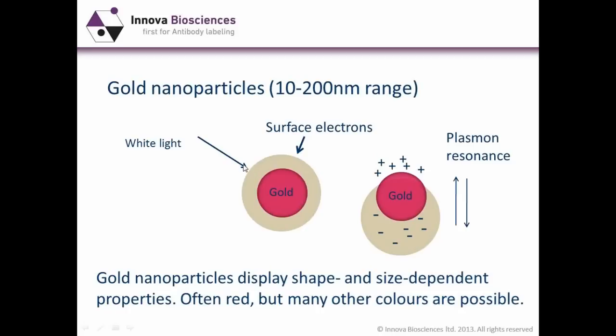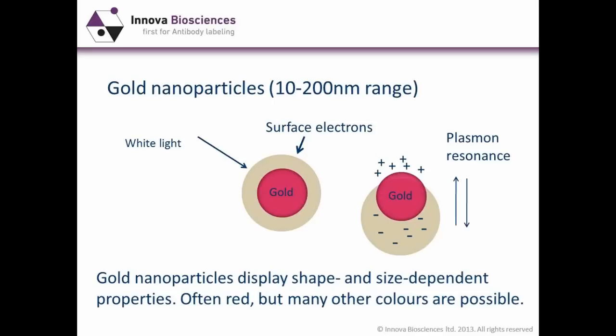Now when the light hits the electron cloud, the cloud begins to oscillate, so there's some polarization. As the negative charge dips down, there's a positive charge on the metal core. So this acts as a restoring force, so the electrons bounce back. So you get this resonance situation, which is called plasmon resonance.